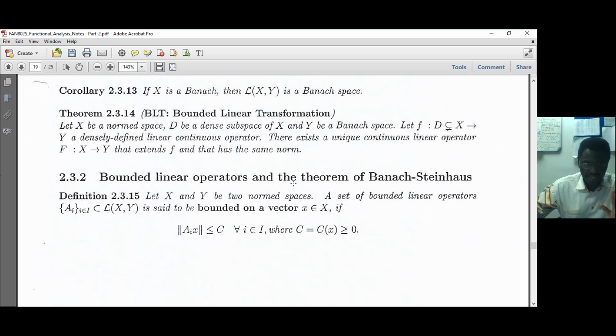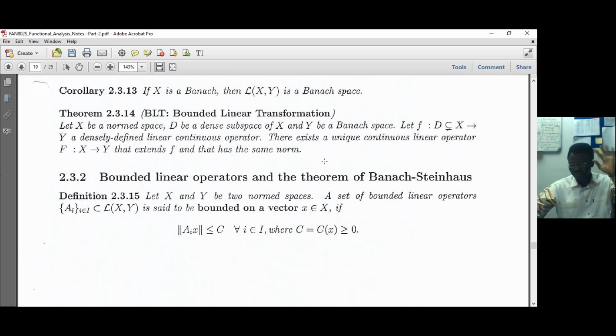So if you have such an F, this theorem of bounded linear transformation tells us that there exists a unique continuous linear operator that extends F and has the same norm. This theorem is similar to the Banach extension theorem. We haven't covered that, but it's fine.